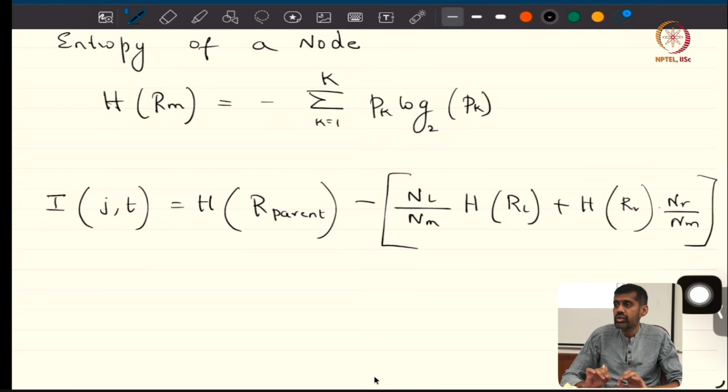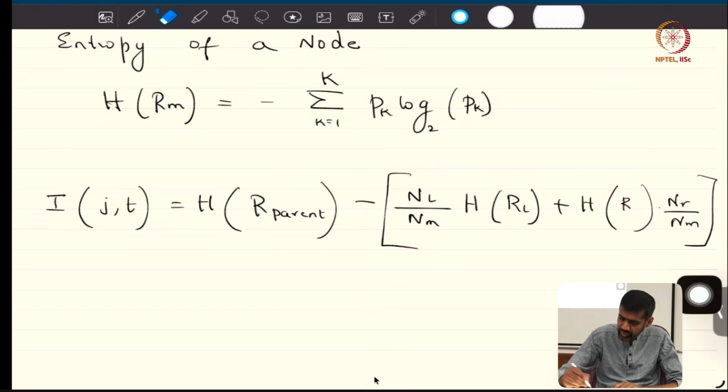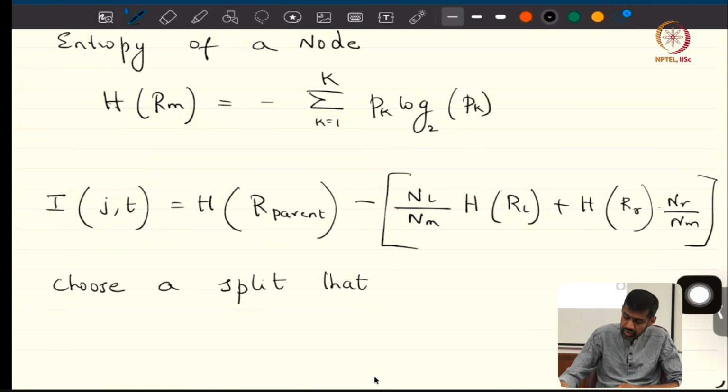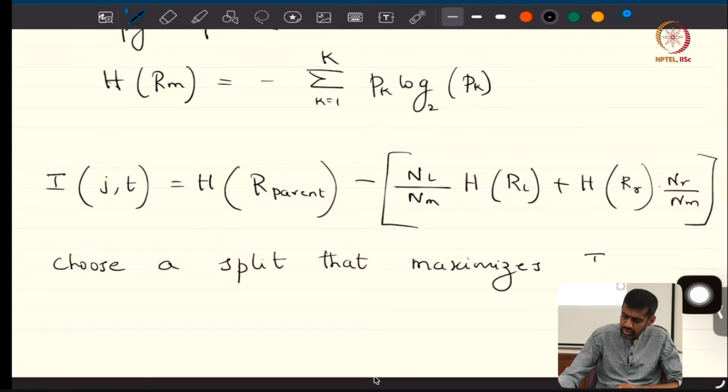This is one impurity metric that is used in practice. This one is RR, the region that we get after we split to the right. Now, choose a split that maximizes this.